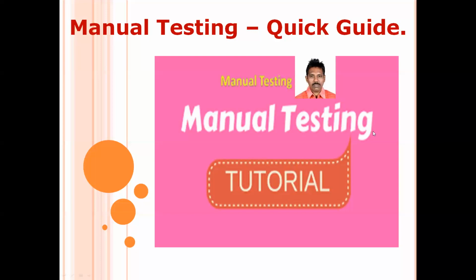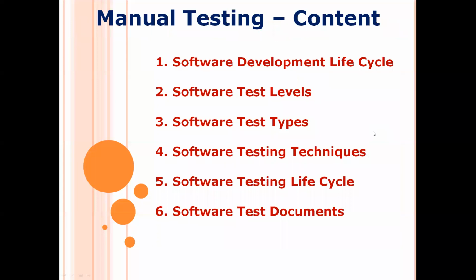Manual testing quick guide or quick reference. See, manual testing index or content. I planned 6 chapters for this quick tutorial. One is software development life cycle. Next, software test levels, software test types.